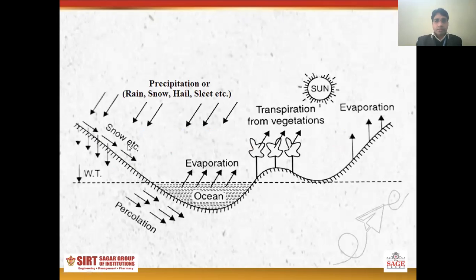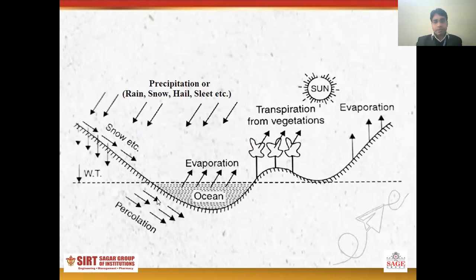Here you can see this is snow, and this is moving towards the ocean. All the processes which happen during the hydrological cycle are shown in this graphical representation.